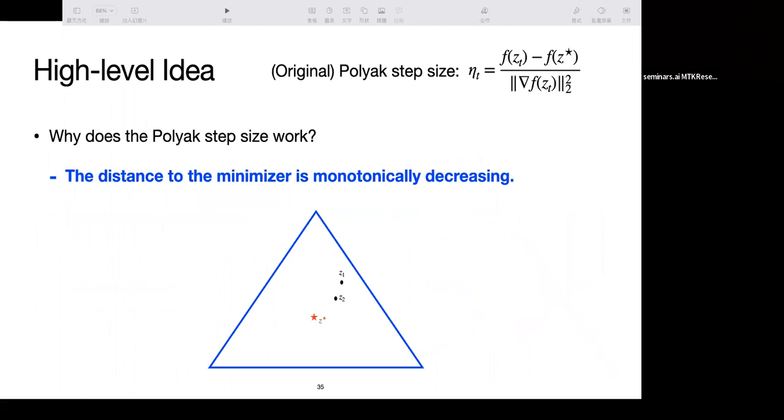Because if we use an approach that estimates the global optimum, we cannot get its convergence proof.